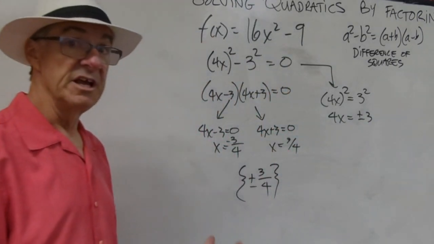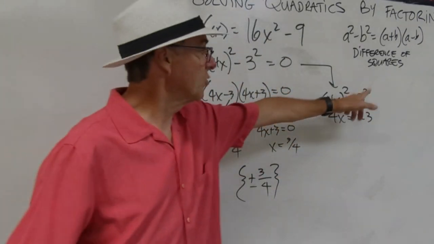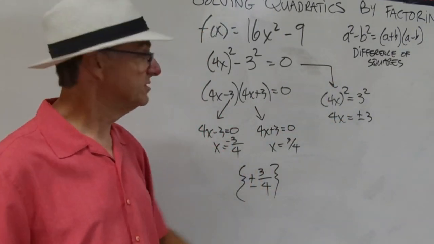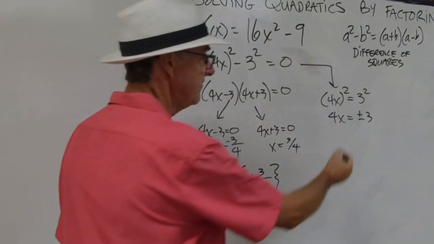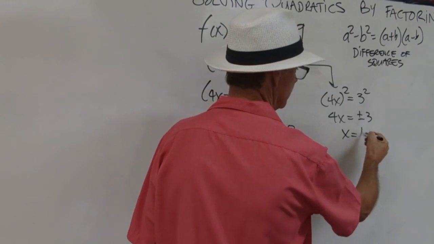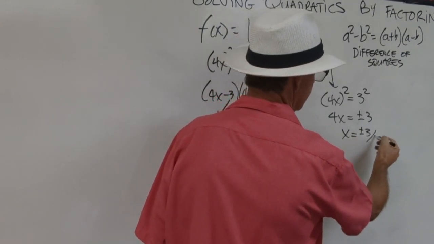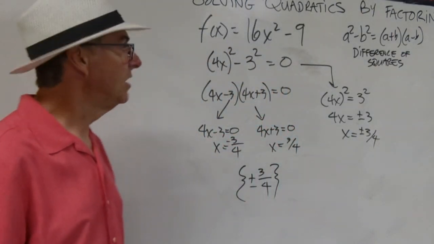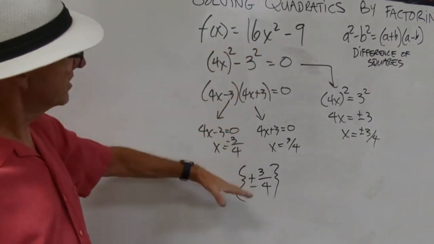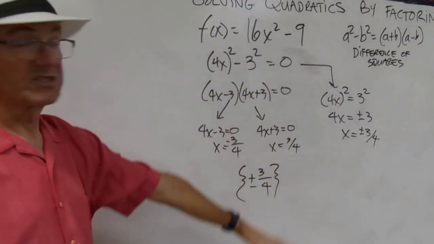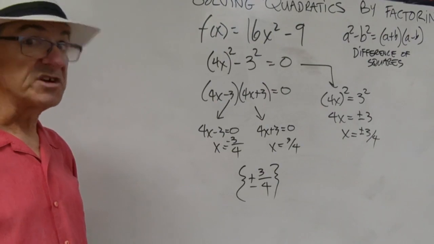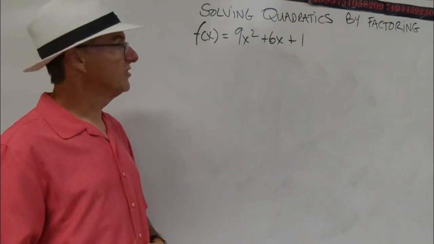Remember, 3 squared has 2 square roots, plus or minus 3. And then divide through, and I get x equals plus minus 3/4. So I got to the same result, but instead of factoring, I just went ahead and moved it over and solved it like a regular equation. Both ways are valid.